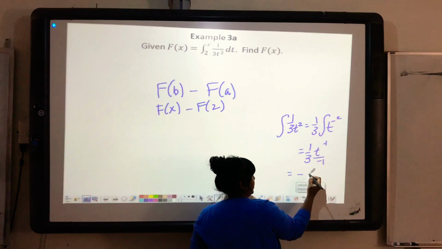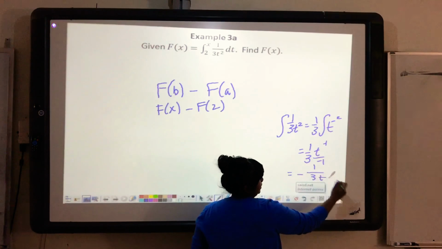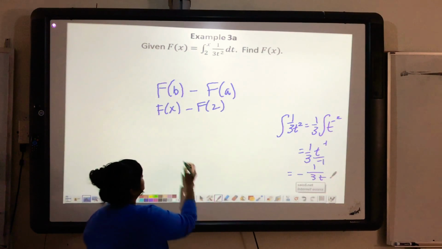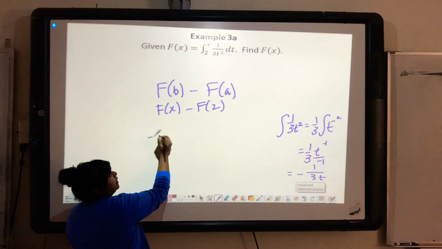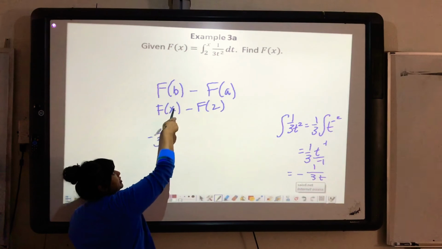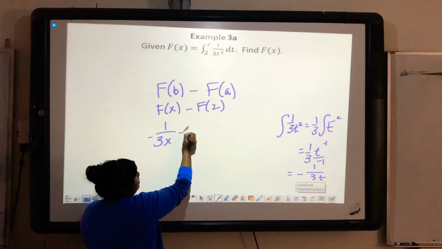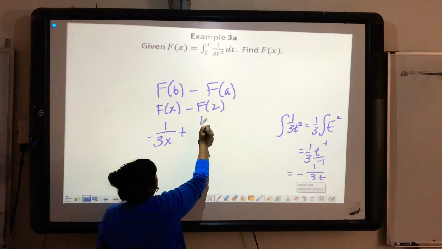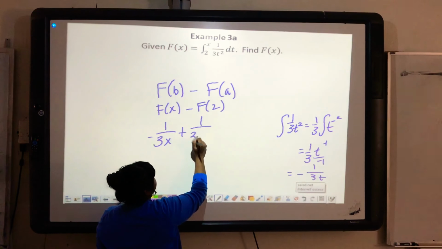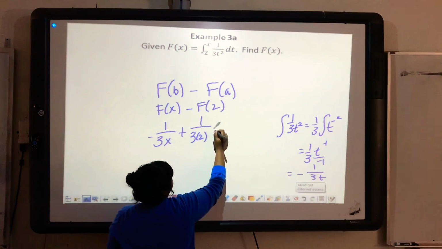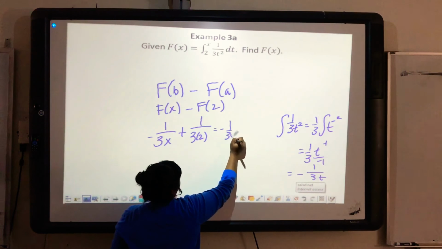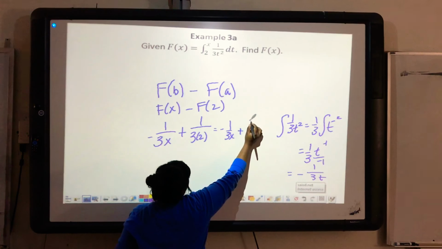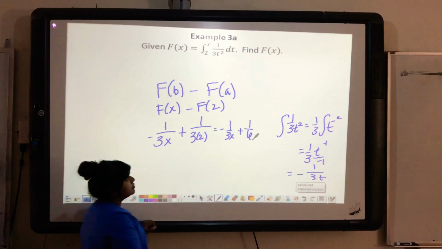So this becomes negative 1 over 3t. Okay, so we'll plug that in. Negative 1 over 3 instead of t, it becomes x, minus a negative, so plus 1 over 3 times 2. So this becomes negative 1/3x plus 1/6.